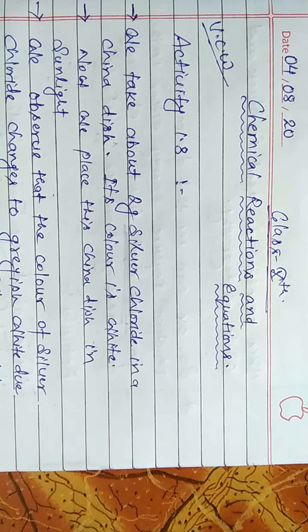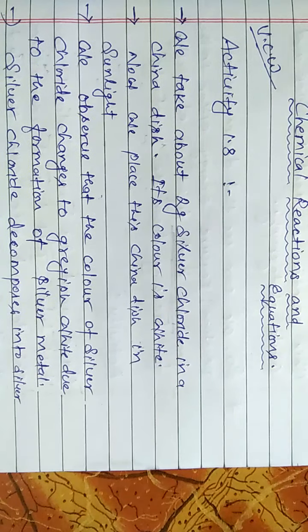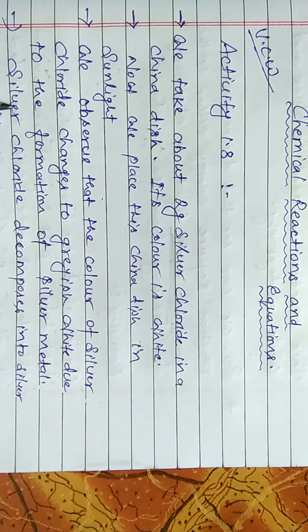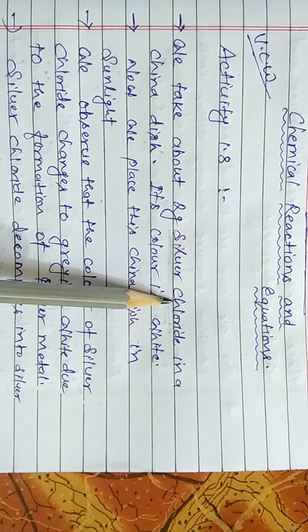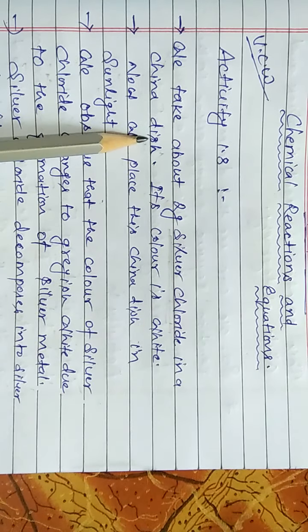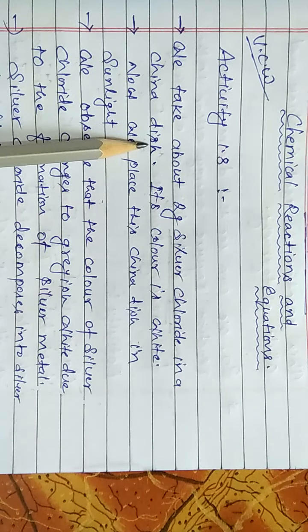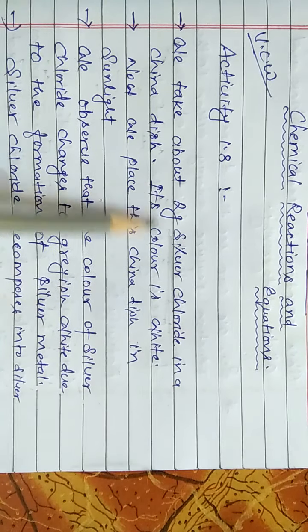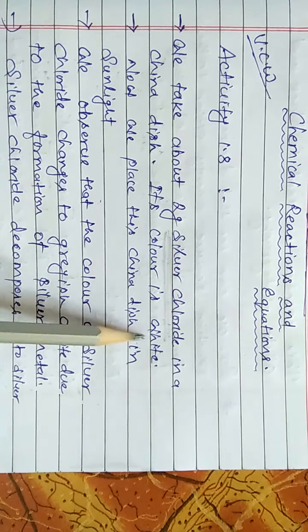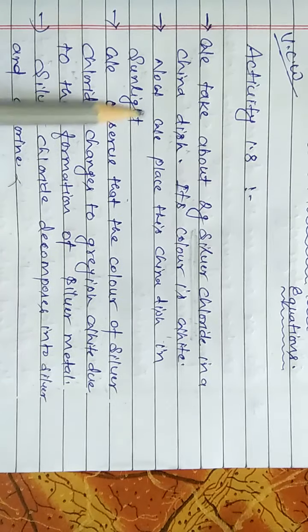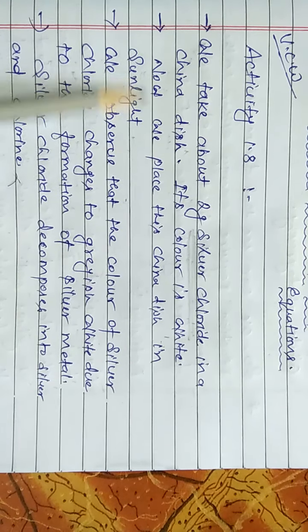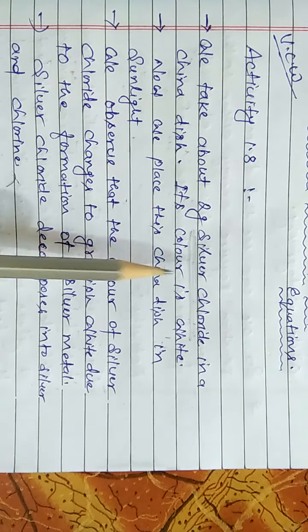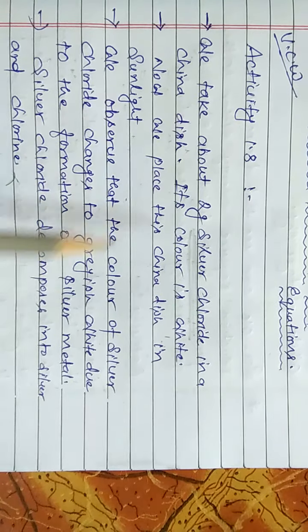So let's start. One activity is given based on decomposition reaction. We need to take about 2 gram silver chloride in a china dish. Understood? What we need to take? 2 gram silver chloride, and the color of silver chloride is white. Clear? Now we place this china dish containing silver chloride in sunlight.